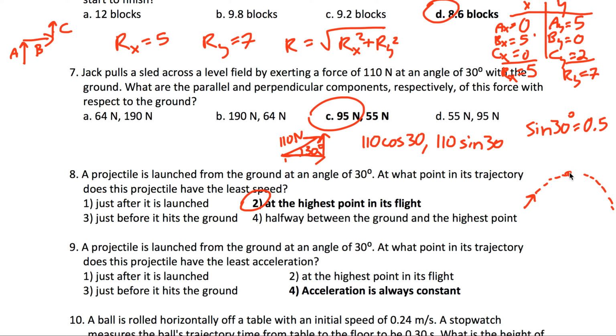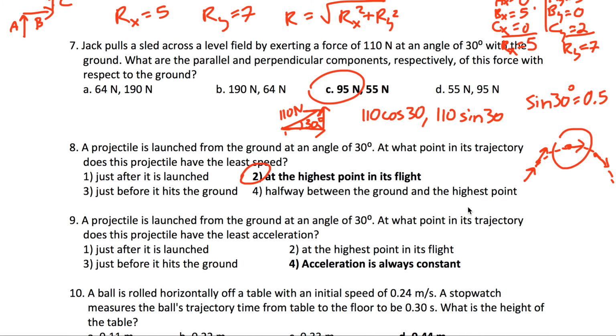Everywhere else, the velocity has an x and a y direction. So at the top is where the velocity must be the smallest possible because it only has that x component. Keep in mind that the x component of the velocity anywhere in the path is always the same. But everywhere else besides the top, it has an x and a y, which makes it greater than just having that x component.